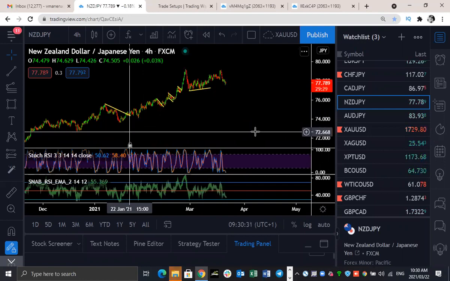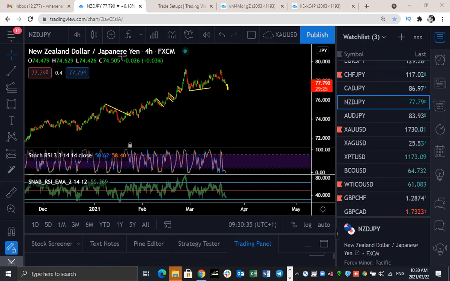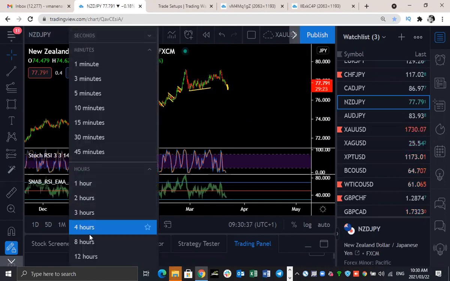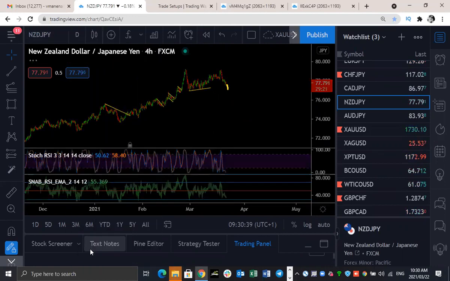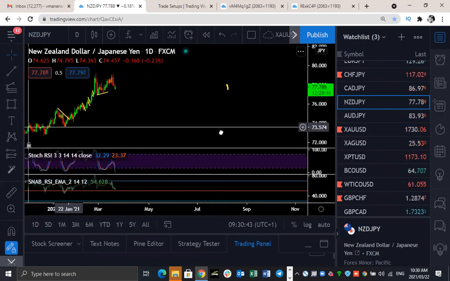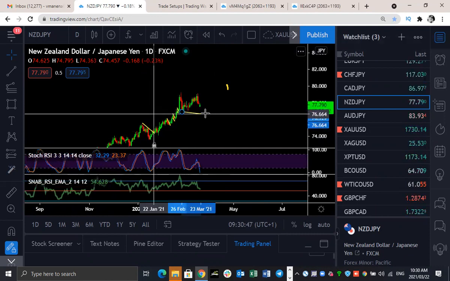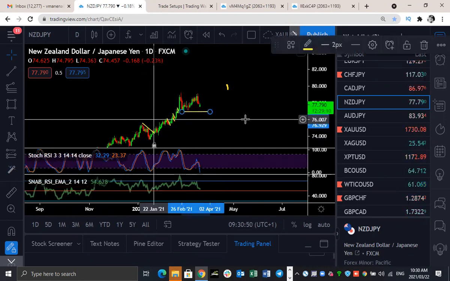Right, so the 4-hour is already below 50, so it's a bit risky to be buying it at those levels. But the daily is still above 50. So let's have a look at the daily. The daily, as you can see, has not confirmed trend reversal. We confirm trend reversal by having a daily RSI also below 50.